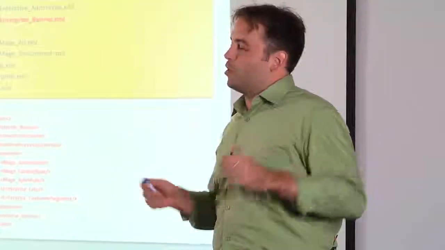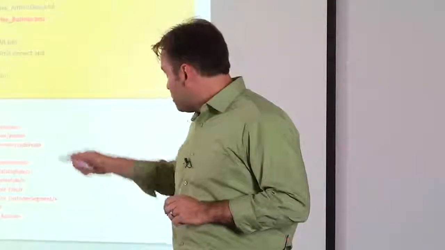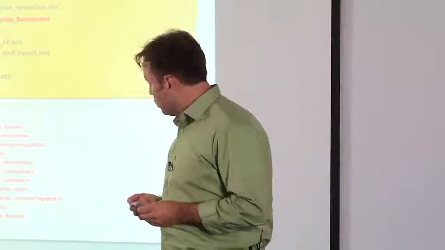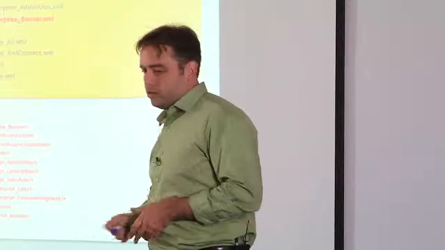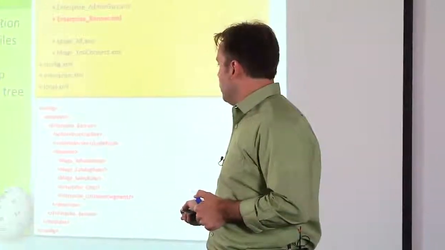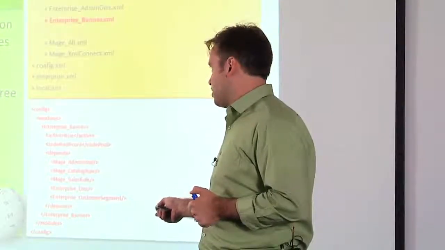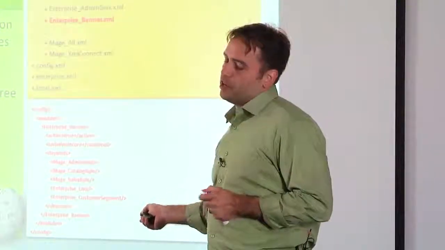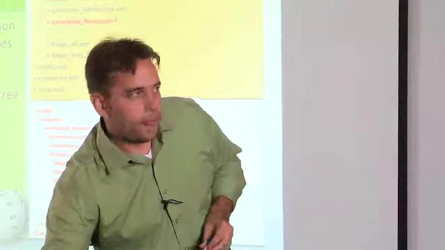That's how the system knows where to look for your module. So for this setting right here, I would say, okay, this is in core. So app code core, the system knows here, app code core enterprise banner. So underscores in here will be converted to a slash.